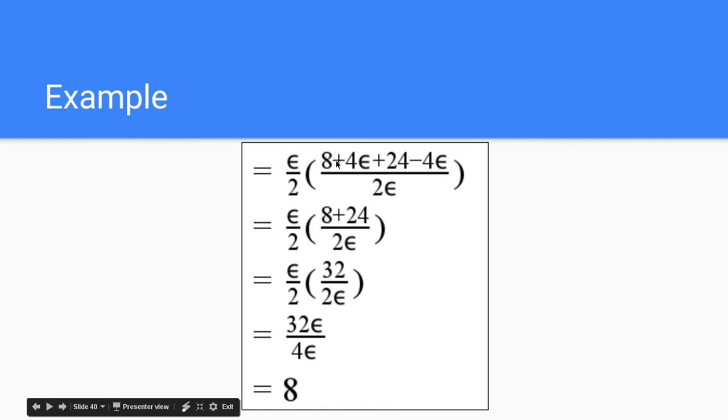As you can see, 4 epsilon and negative 4 epsilon cancel each other out. Then I just have 8 plus 24, and that gets to 32. Now I multiply 32 by epsilon and 2 epsilon by 2, and I get 32 epsilon over 4 epsilon, and the epsilons cancel out, and we just get the value of 8 as our answer.